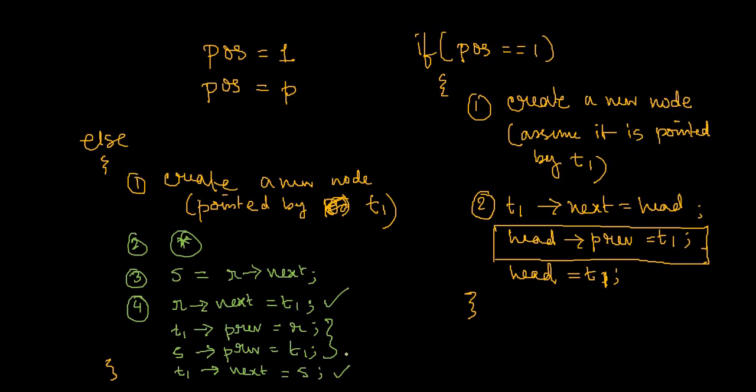So if the insert operation is clear to you, I don't think I should repeat the delete operation because it is the same. The only thing you must remember is that whenever deleting a node, you must delete the connection from both ends. Because in the previous case, I was holding you, but you were not holding me.